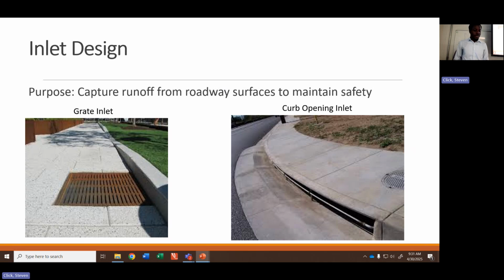And we have mainly 4 types of inlets that are mostly used. We have the grate inlets, those metallic objects that we see a lot around campus. And we have the open curb inlets, that's just an opening along the edge of the curb that allows water to flow in from the road surface.